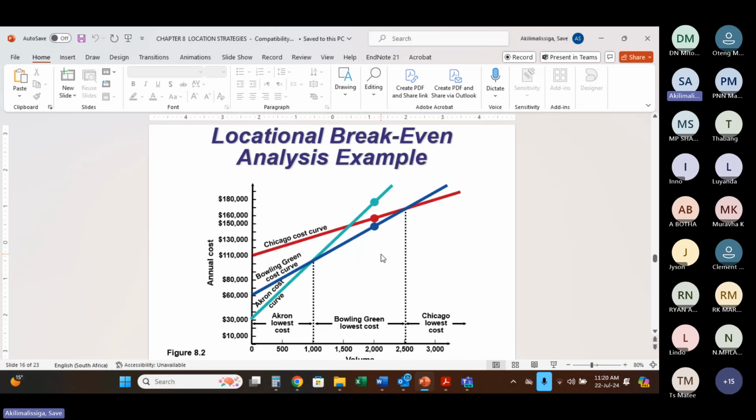So this is the graphical interpretation, and you can also mathematically interpret the result of the analysis without needing a graph. I hope that is making sense. If it's not making sense, guys, feel free to ask questions. But anyway, we're going to have some exercises on this, because this break-even analysis is going to form a great part of the upcoming test.